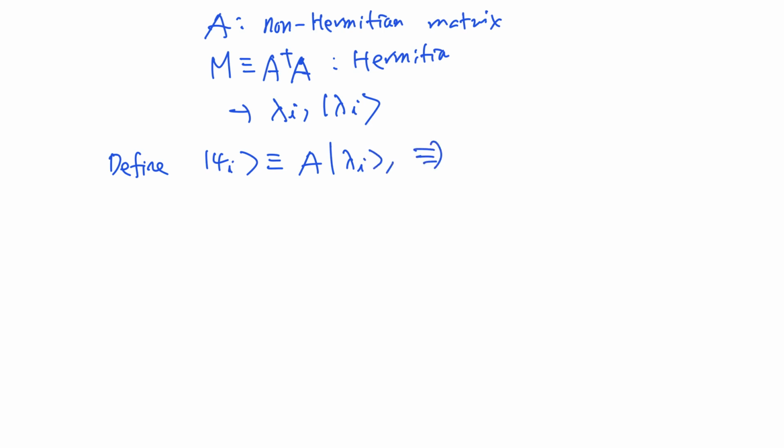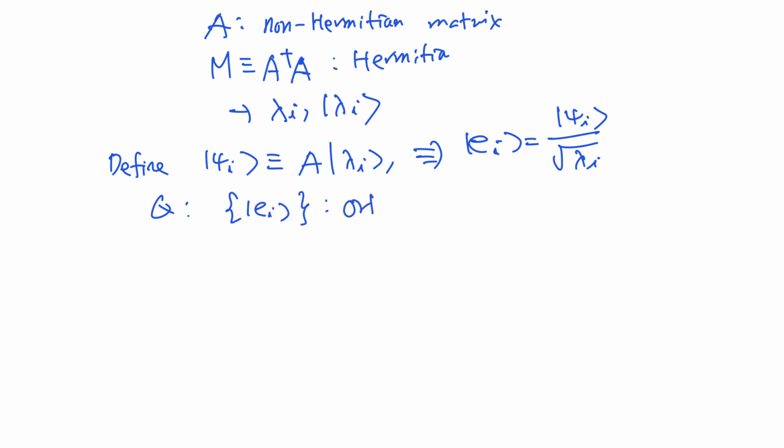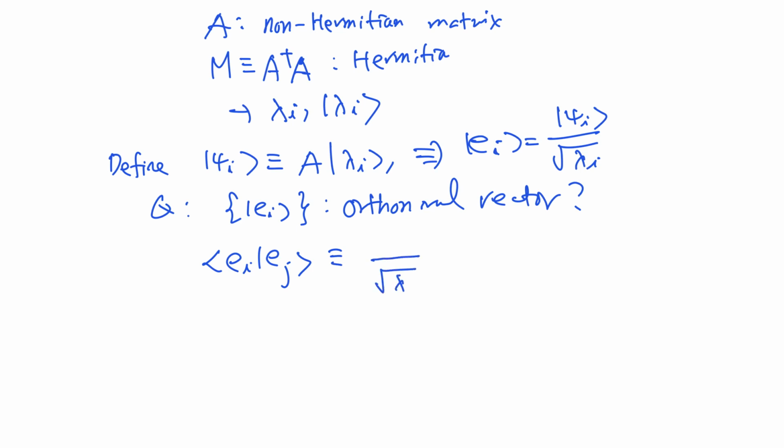And from this we define e i as 1 over square root of lambda i times phi i. Question: are they orthonormal vectors? Let's check. e i dot e j is 1 over square root of lambda i lambda j, times phi i dot phi j.